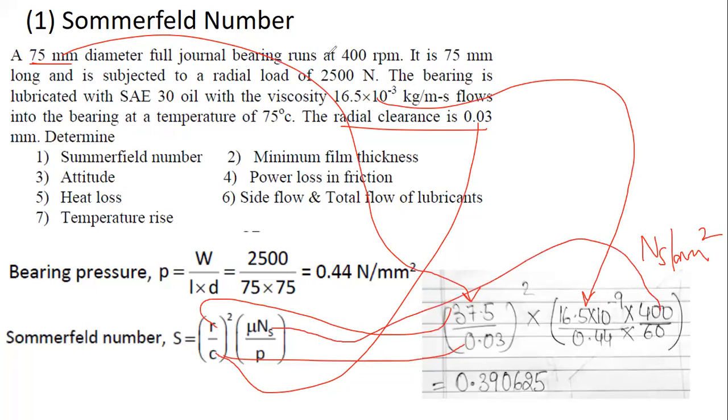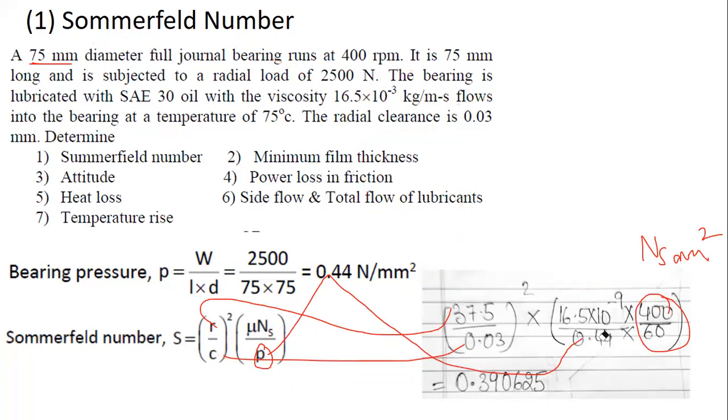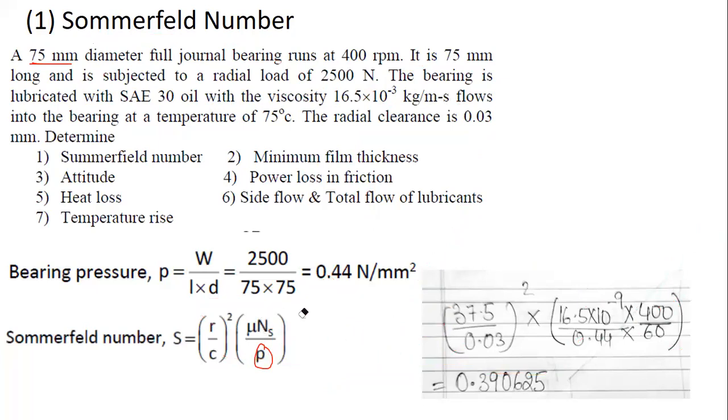N is 400 RPM. So N by 60 is Ns. Pressure, you already found out here. So by putting all these values in the formula of Sommerfeld number, you'll get the value of Sommerfeld number as 0.390625. Let's assume Sommerfeld number is 0.39. And let's proceed towards the table for full journal bearing.